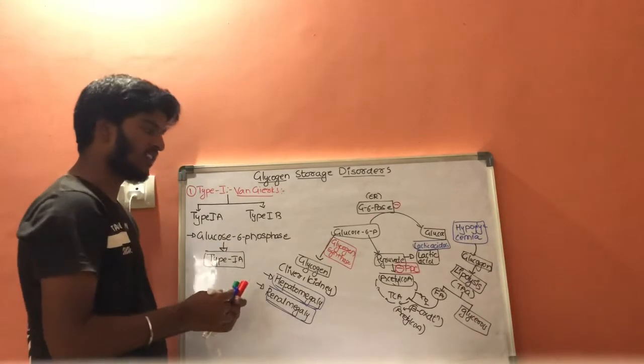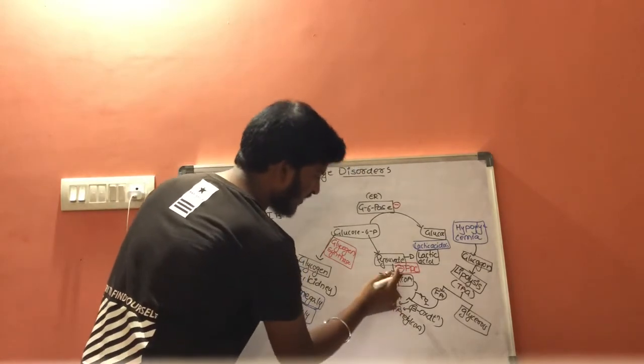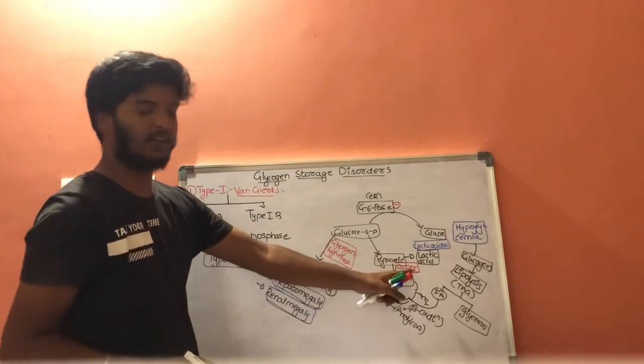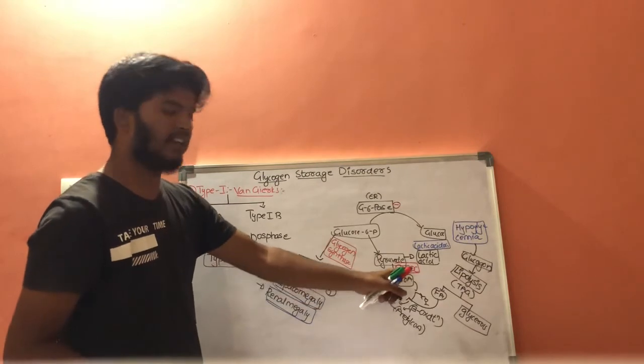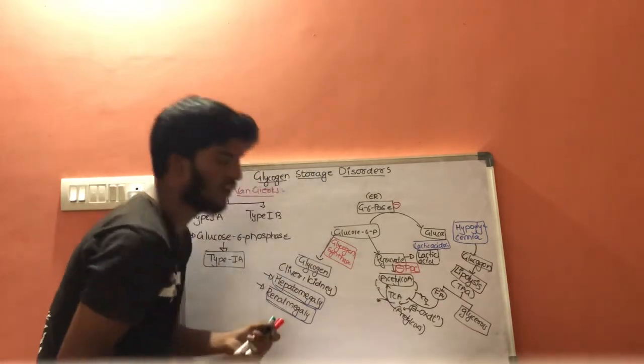Whenever this acetyl-CoA is formed, it results in blocking of pyruvate decarboxylase, and ultimately there is formation of ketone bodies.